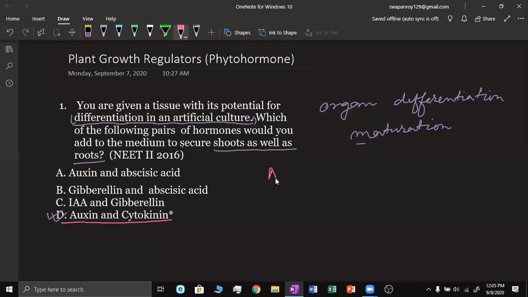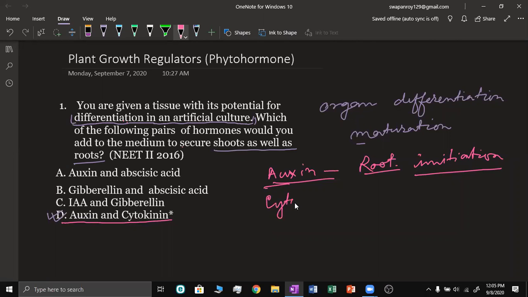Actually, auxin initiates root. Auxin is for root initiation. So if you need the root to form, then auxin is to be given, and cytokinin is for the shoot system, shoot differentiation.